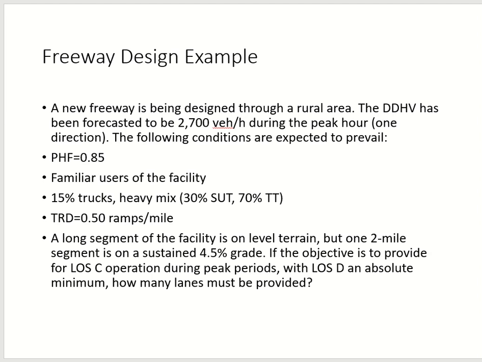So SUT is what? And the TT is trailer truck. Okay. What is the normal mix? This is heavy mix: 30% SUT, 70% TT. What is the normal one? 50% each. The opposite. Okay. Terrain.